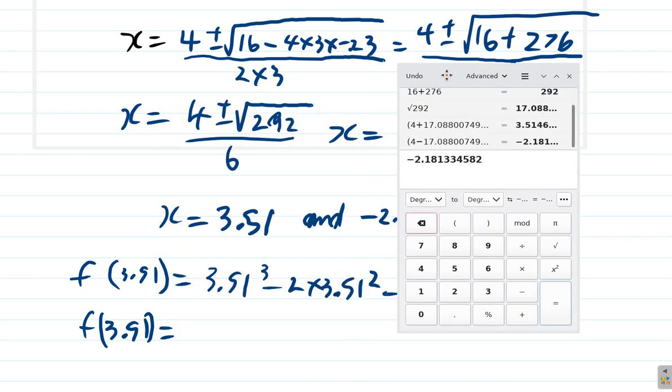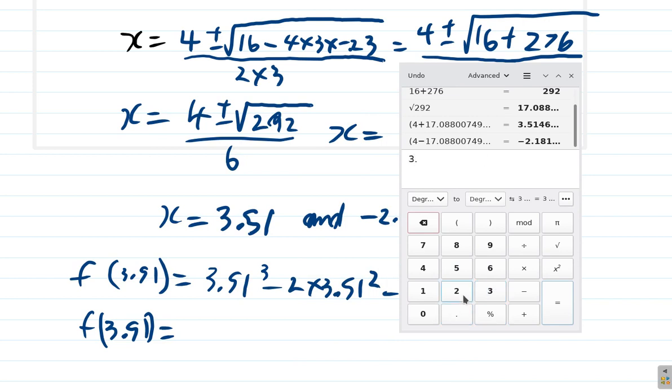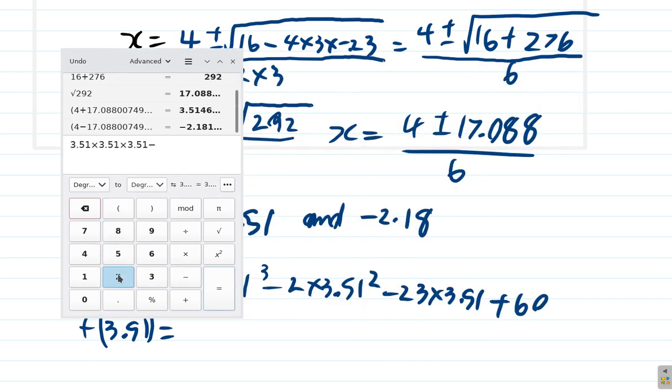So here now we have 3.51 cubed. Well, there's no cube on this, so I'll just multiply 3.51 times 3.51, just multiply 3 of them. Minus 2 times 3.51 squared, well, we have a square here.